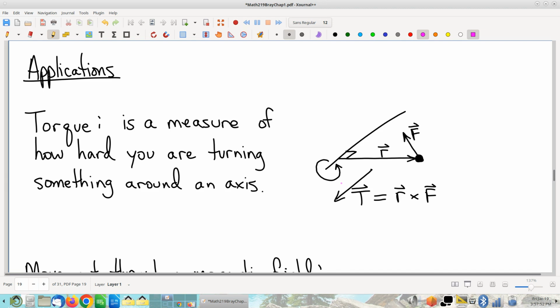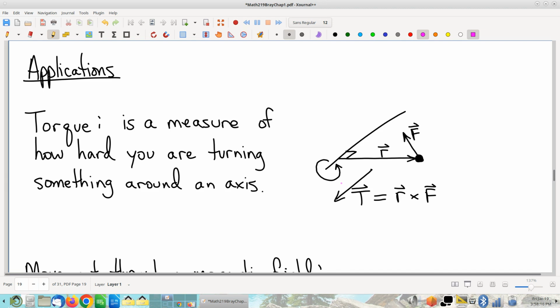So first let's talk about torque. I don't know if y'all have previous familiarity with torque, but I'm fairly sure you know what a force is. Force says how hard you're pushing something. Torque says how hard you're twisting something. So it's a rotational analog of force.